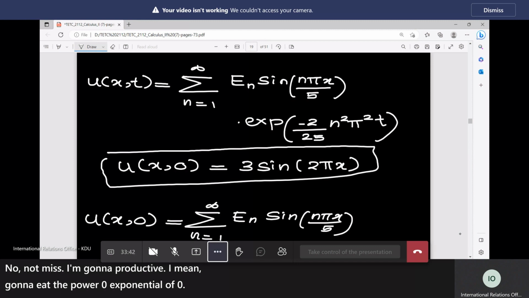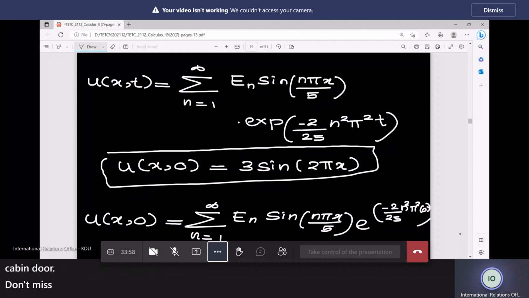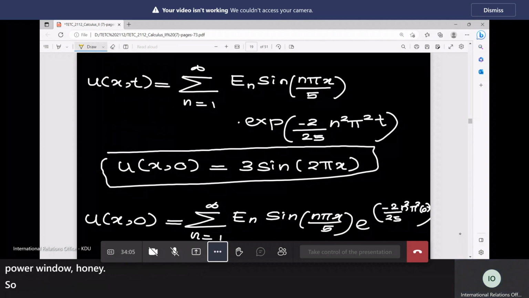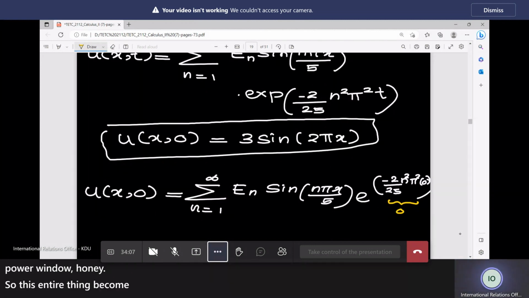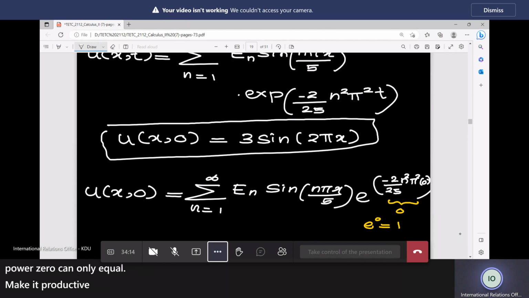මෙතන මේ exponential කියන්නේ e to the power something කියන එකනේ. ඒකට අපිට මේක ලියන්න පුළුවන් e to the power minus 2 over 25 n squared π squared and t කියන එක බිංදුවයි. එතකොට මේ සම්පූර්ණ term එකම බිංදුව වෙනවා. e to the power බිංදුව කියන්නේ, so this entire thing become 0. e to the power 0 කියන්නේ 1යි. එතකොට මොකක්ද ඉතුරු වෙන්නේ? මේකේ product එකෙන් ඉතුරු වෙන්නේ මෙන්න මේ part එක විතරයි.